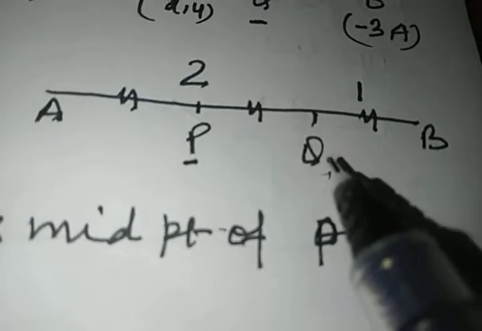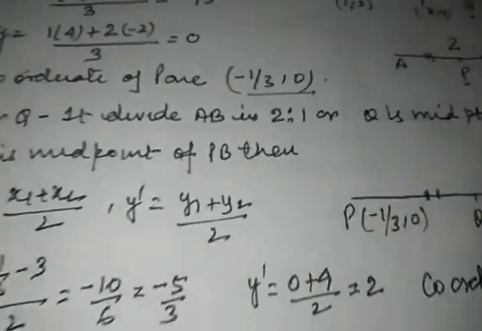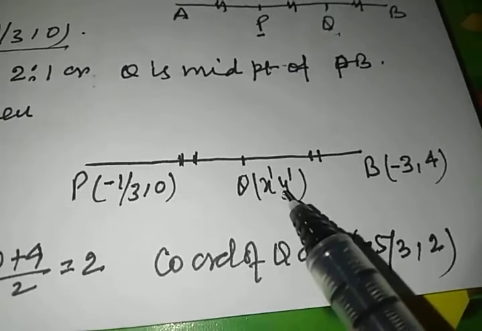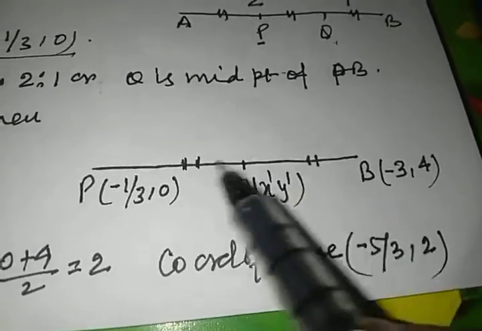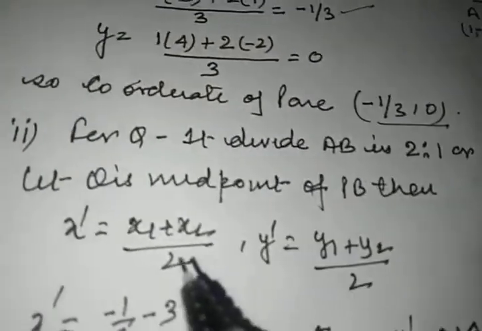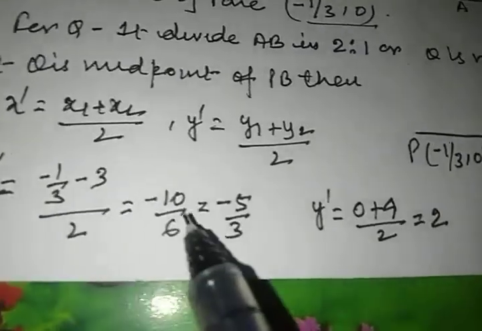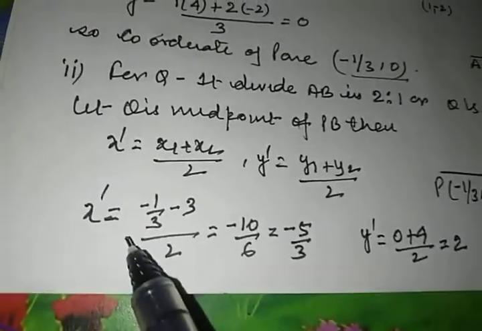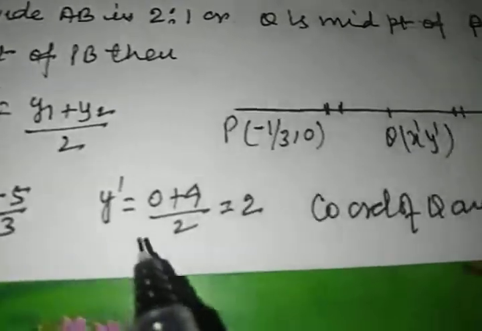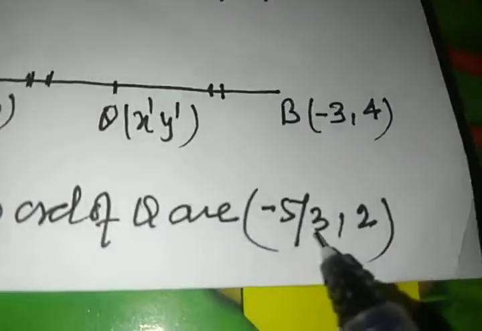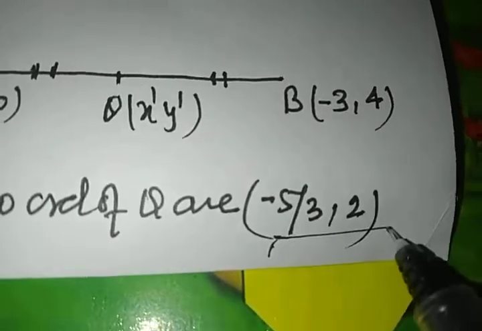This is the easier one. We have taken P here, B here, and Q(x', y'), and these two parts are equal, so this will be the midpoint. We'll apply the midpoint formula. x' is equal to this, y' is equal to this. I have put the values and we got x' equal to -5/3, y' equal to 2. So the coordinates of Q are (-5/3, 2).